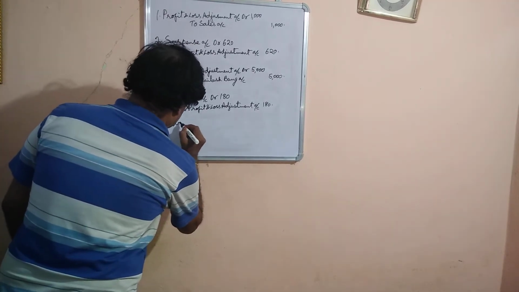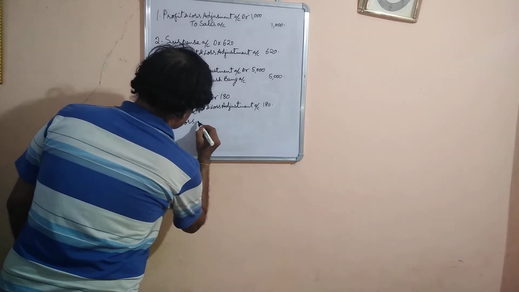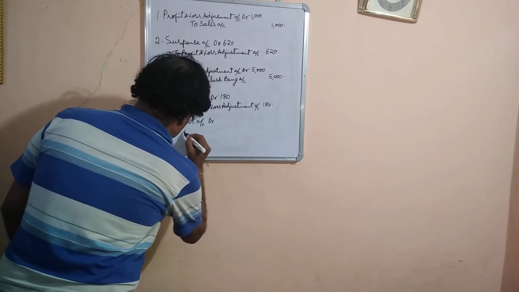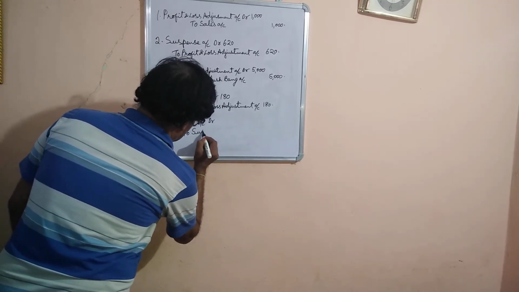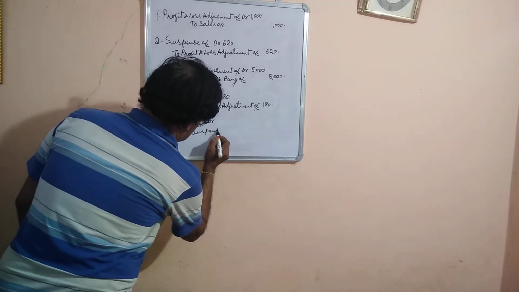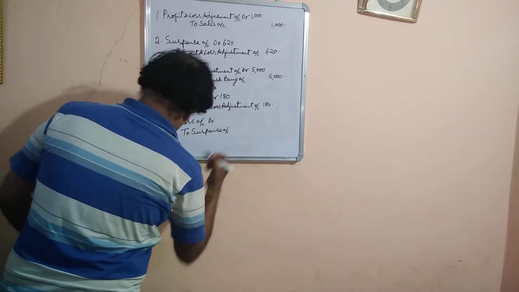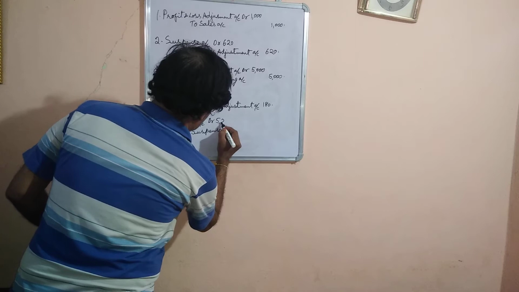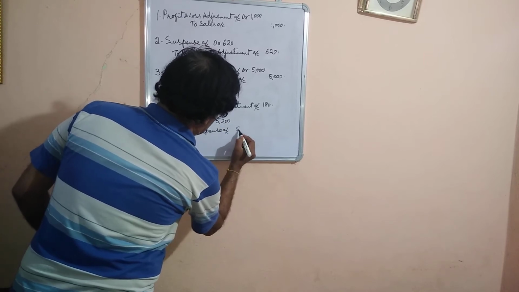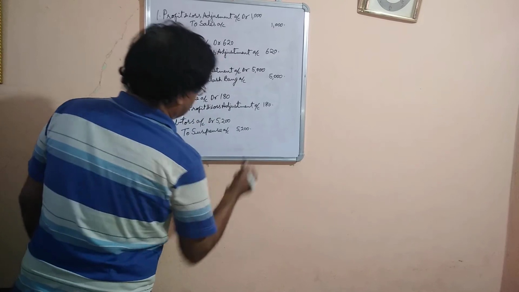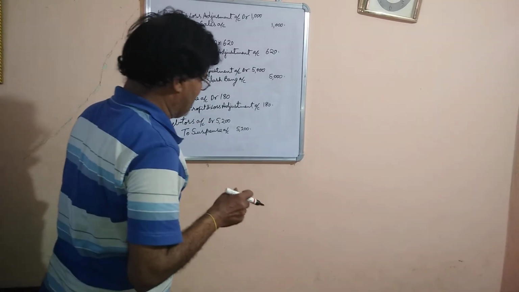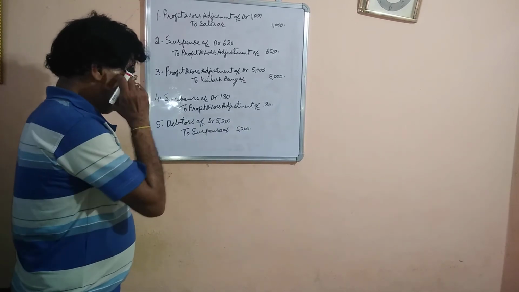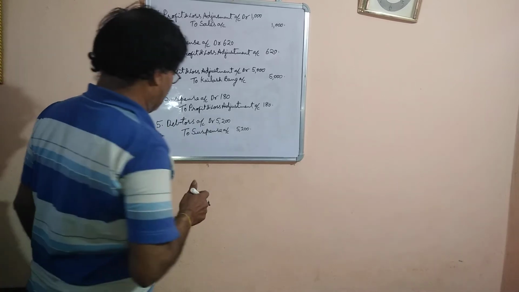Debtors account debit, to suspense account, 5,200, being the amount omitted in debtors account now rectified.